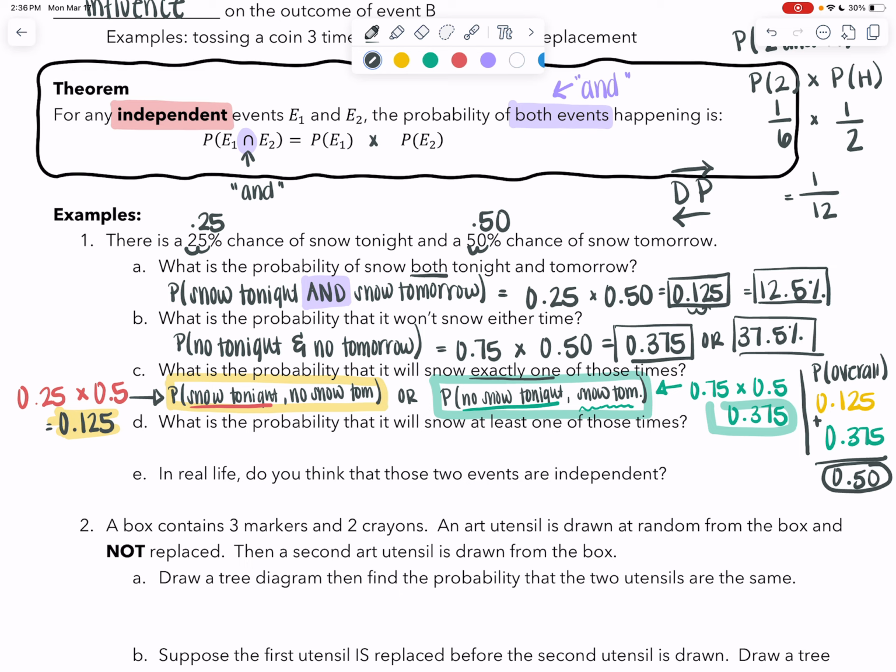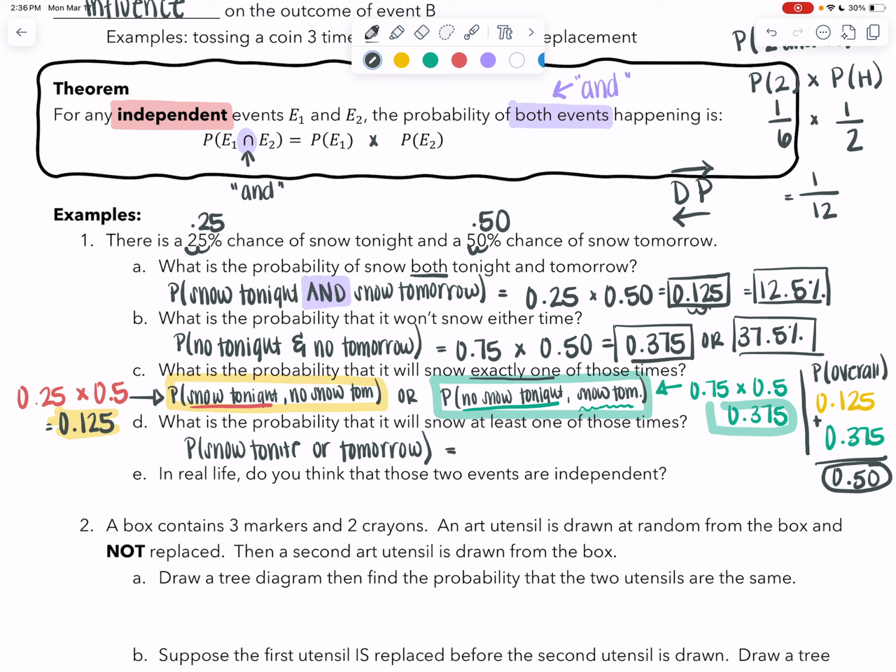Probability that it will snow at least one. So it could snow one, it could snow both days. I'm just looking for the probability of snow today. Nope, it was tonight, sorry. Tonight or tomorrow. One or the other, both great, fine.